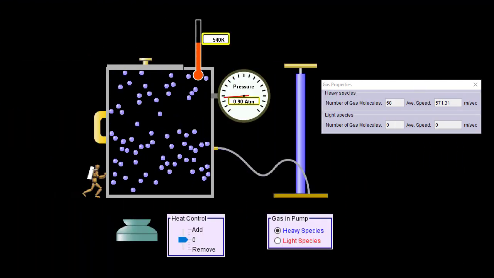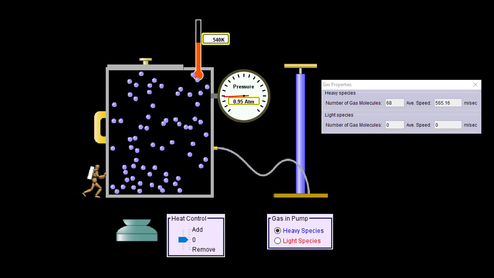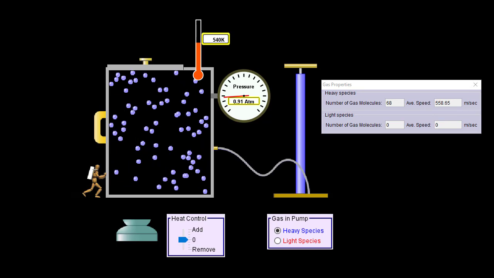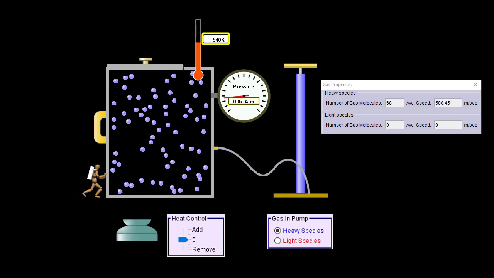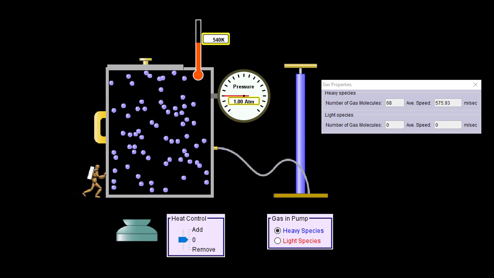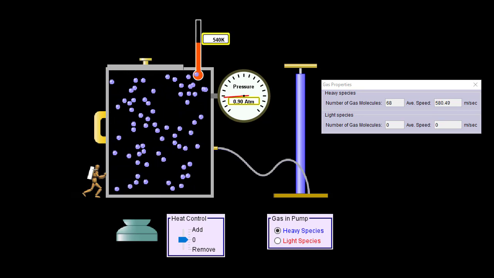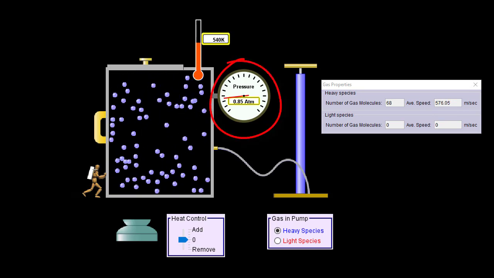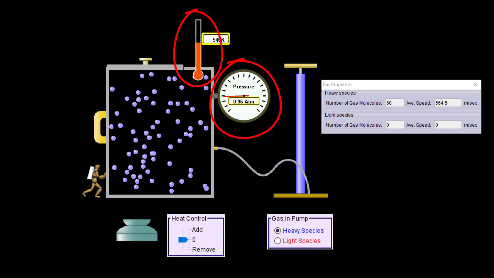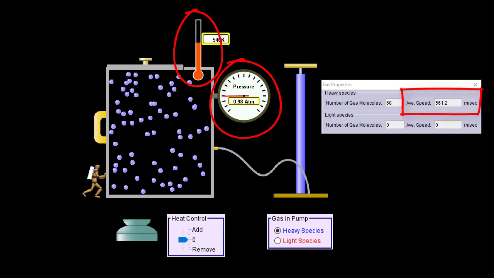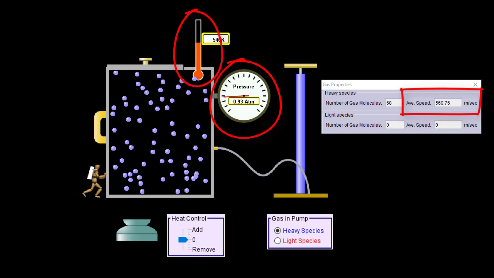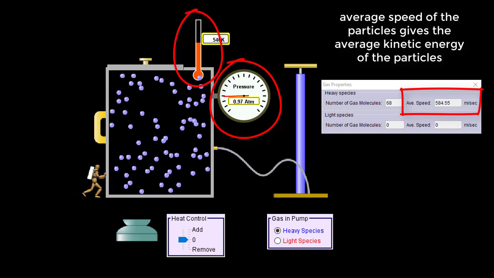Welcome back to the PhET simulation site, where we have a container filled with a gas. You can see the particles of the gas moving about, colliding with the walls of the container. Imagine that container is just like the tyre on a hot summer's day. We have a pressure gauge, and there's also a thermometer at the top. In the far right-hand corner, we're also measuring the average speed of the particles, which gives an indication of their average kinetic energy.